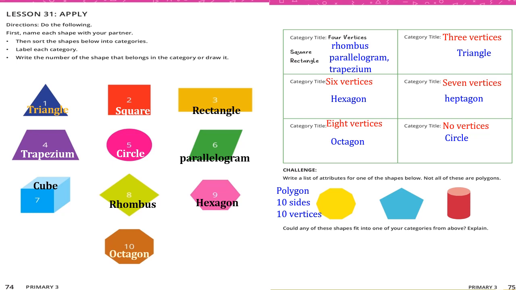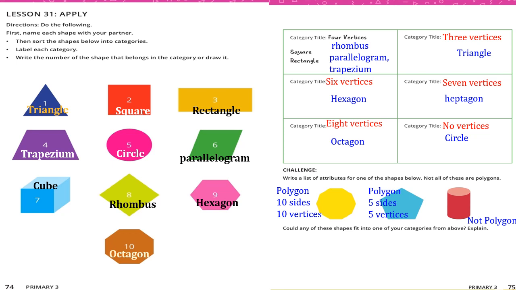The next one, it's polygon also, and it has 5 sides and 5 vertices. The last one, it's polygon or not? No, it's not polygon. Why? Because it has some curves, right? Yeah, so it's not polygon.